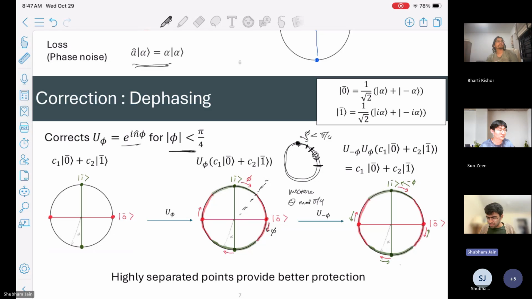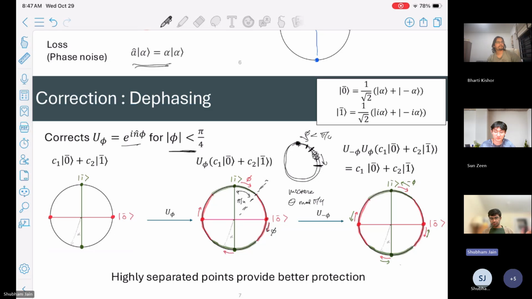Whereas if it had landed up here and we did this measurement mod pi over 4, then we would have mistakenly said that maybe this state started from here, and we would have corrected back to here. So that would have been a logical error. That's why we have these green regions and the red regions. These red regions are everywhere this zero state could land up for us to correct it, and this green region is everywhere this one state could land up for us to correct it. And this angle is just pi over 4.